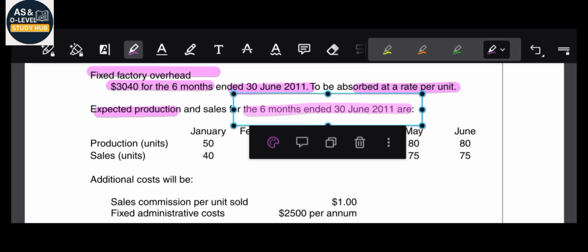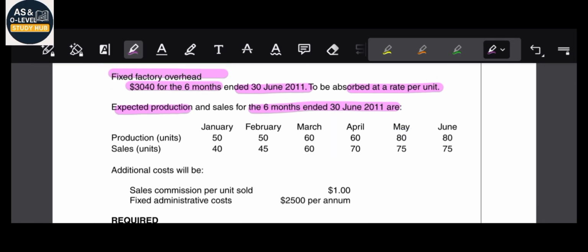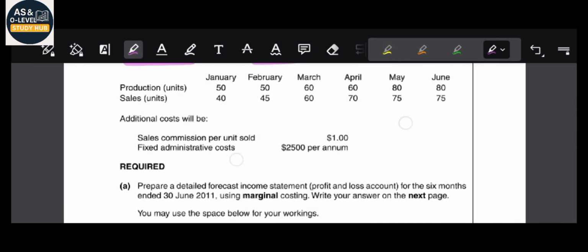Expected production is known as the budgeted production. Whatever production we budgeted. In this question there is no separate actual or budgeted production, so no over or under absorption will be calculated.